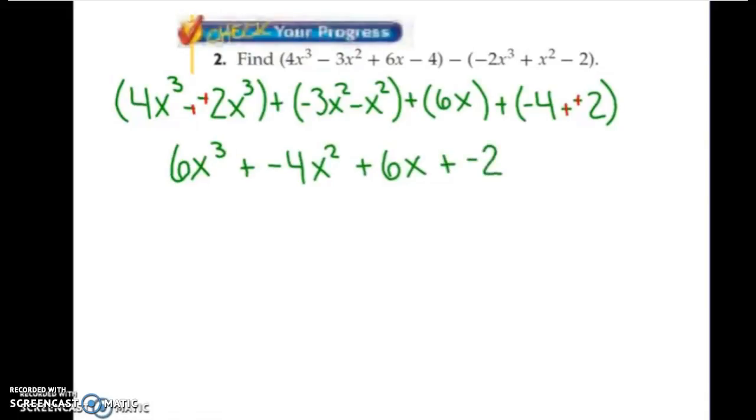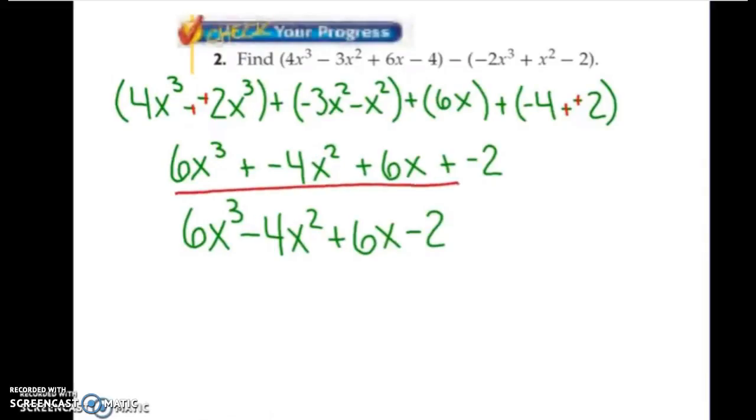And again, I'm going to clean it up, get rid of those plus minuses, and just make them subtraction signs. 6x to the third minus 4x squared plus 6x minus 2. And there's my final answer. I hope you got it right. Same thing as addition, just be careful remembering that you are subtracting each piece.